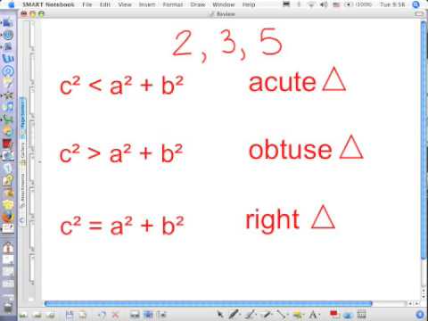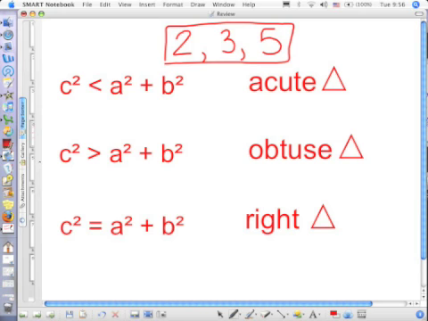The 2 smaller sides have to add up to be bigger than the third. If you recall, when we were doing this lesson, I actually drew some lines, and we used a ruler to measure them. And we showed that if that was not true, you could not even connect them. They weren't long enough to close up and make a triangle. All right, so this wouldn't even be a triangle, would it? Because 2 plus 3 is not bigger than 5.